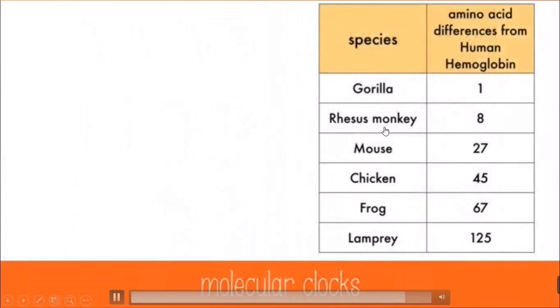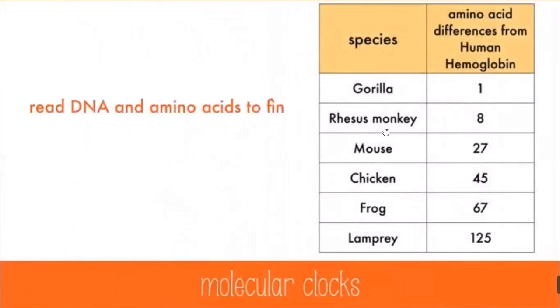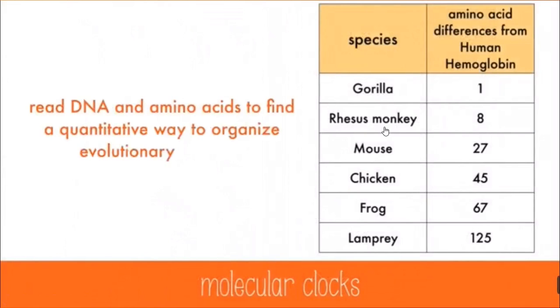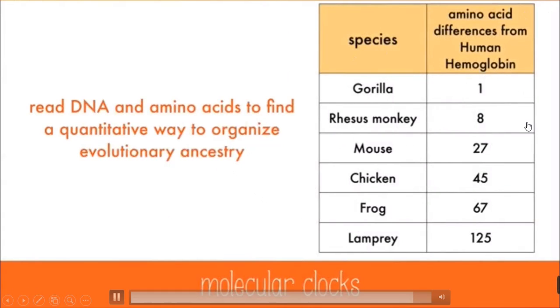Next, molecular evidences. We can read the DNA and amino acids from evolutionary ancestries. Normally there are amino acid differences from human hemoglobin: in gorilla 1, in monkey 8. More than 200 amino acids are present, but only a few differ.